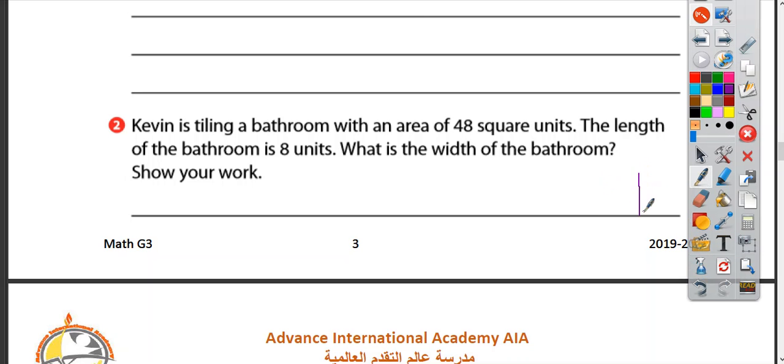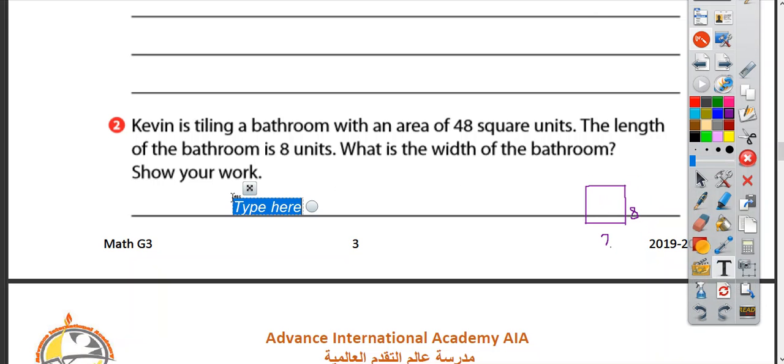Since the area is 48, what you're going to say here is, 8 times something will give me 48, so the width is 6 units. Okay, so let's complete down there.